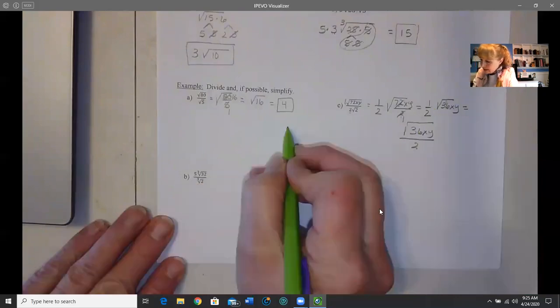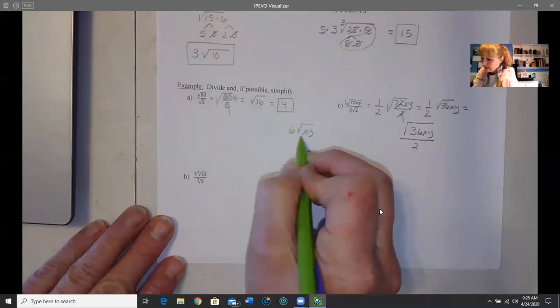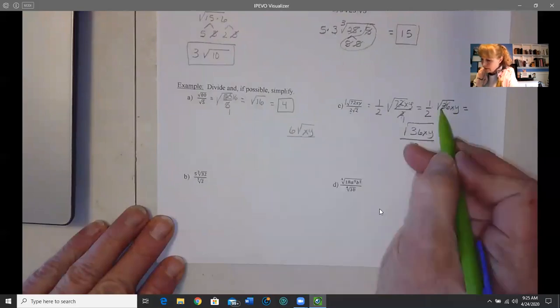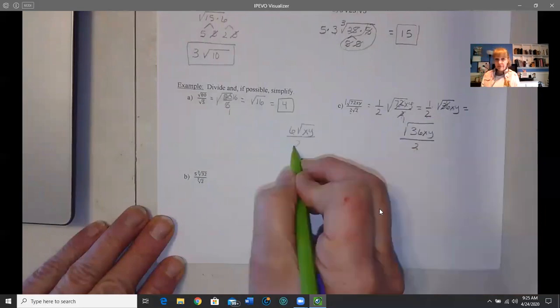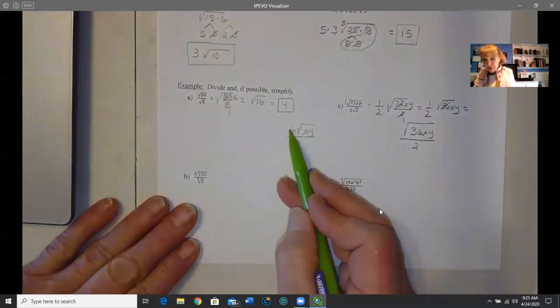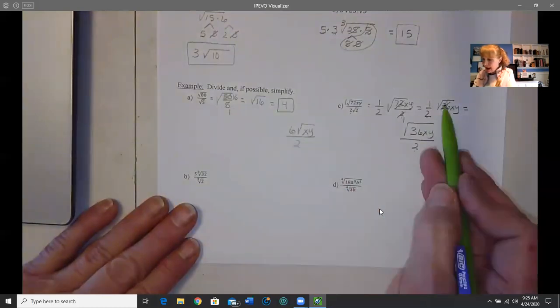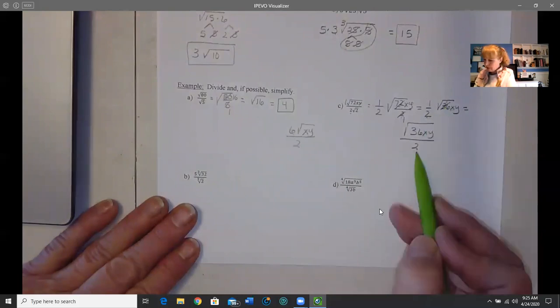So I'll have 6, and the xy's are going to stay inside. So this comes out, and those 2 stay inside, and I have this 2 underneath. Well, the 6 and the 2 can reduce. Since the 6 came out, it can reduce with what's out here.